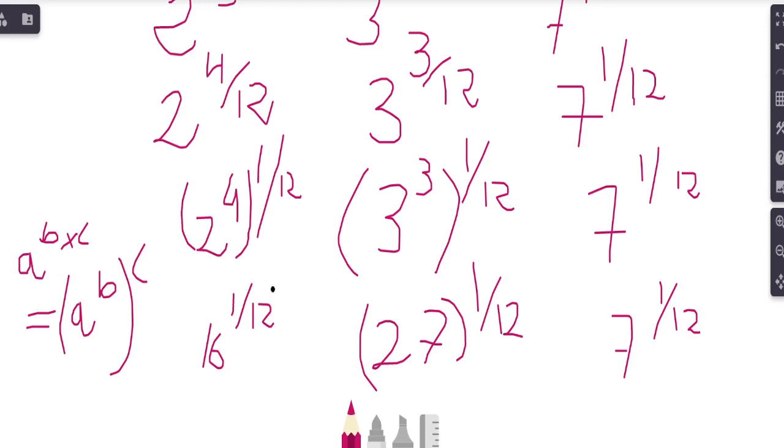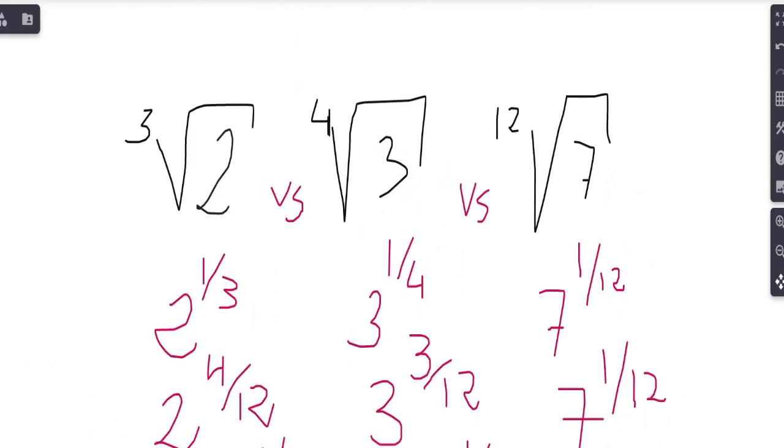So we have now a common exponent, which is 1/12. So we can compare these numbers, and we find that the largest is the second one, 27 to the 1/12. So the largest number was this one.